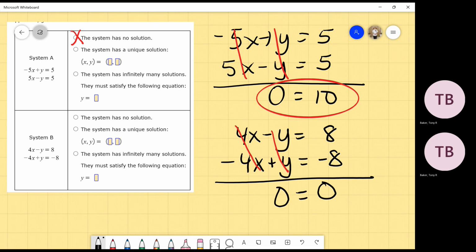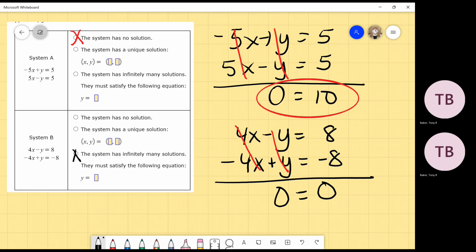Hey, that does make sense. 0 does equal 0. If you get something that looks crazy but actually is true, it is infinitely many solutions. Because this works. 0 does equal 0. So that is infinitely many solutions.